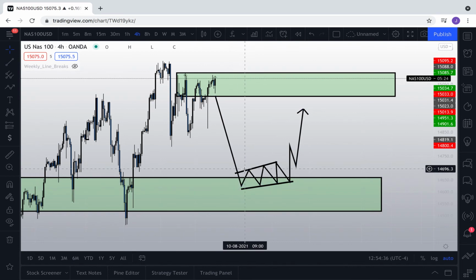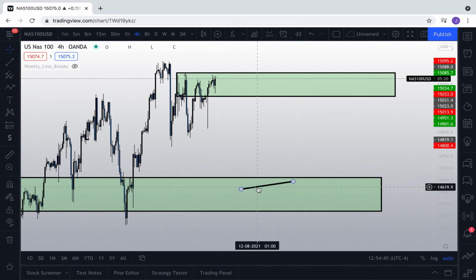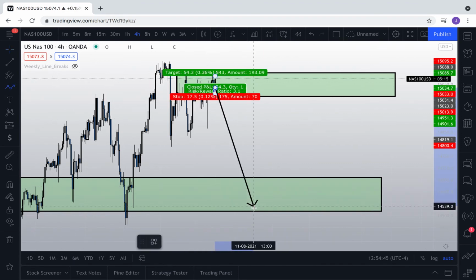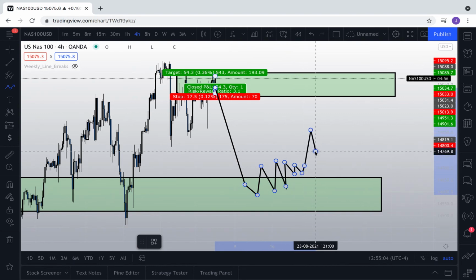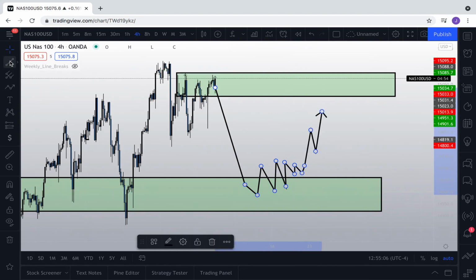Or people will look for some kind of wedge pattern to come in here and to get involved, some kind of wedge pattern.